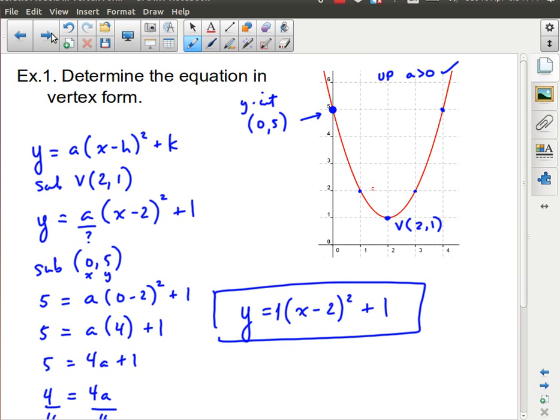So if that's the case, then the step pattern should be the same, which should be over 1, up 1, over 1, up 1, 2, 3. Oh, okay. Left 1, up 1, left 1, up 1, 2, 3. So the step pattern is the same as the parent function, and that is consistent with this value of 1. So I'm pretty happy that this equation correctly describes this parabola.